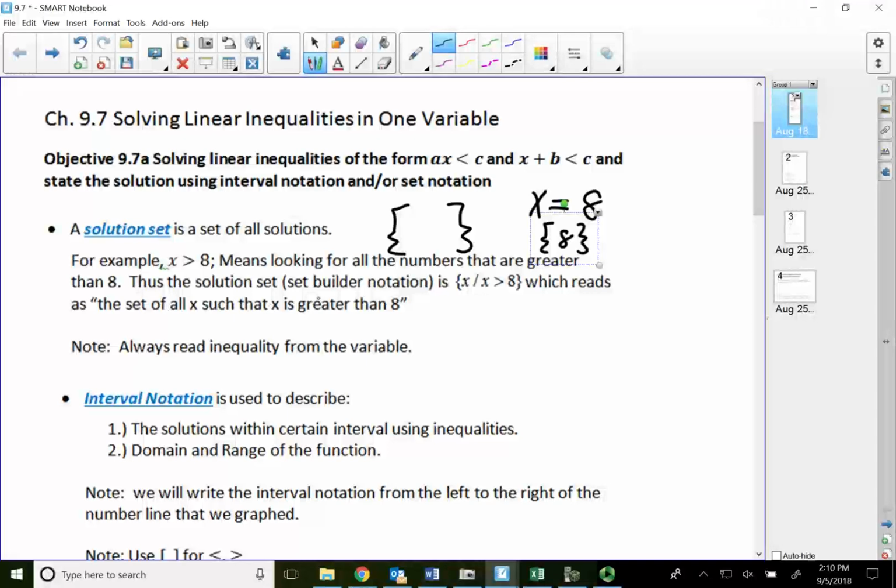The solution set, or sometimes we call it set builder notation, is going to be the set. For x greater than 8, we say this is a set of all x's such that, the slash means such that, all the x's are greater than 8. That's how we read the solution set.